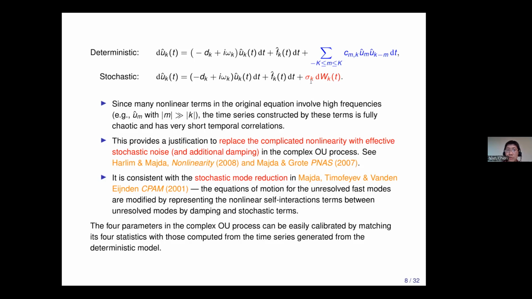You have an analytical formula. These 4 statistics are the mean, the variance, and the decorrelation time, which has 2 parts, the real and the imaginary part. So if you can get a time series from your original model, then all these coefficients can be determined uniquely in a very simple fashion. That's a good thing about this model.